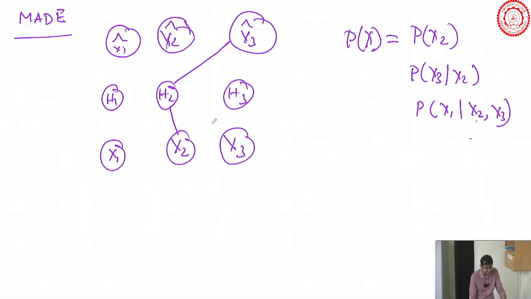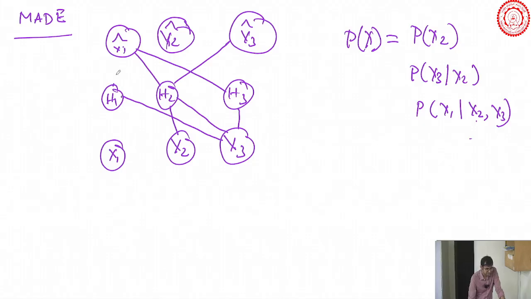There can be additional edges. I will draw that, but let's see. And x1 should be connected to x2 and x3. So it should be connected to x3 also. And it can even go through this. So it can be like this. This is one example. This need not be the correct example. There can be other variants also you can come up with.